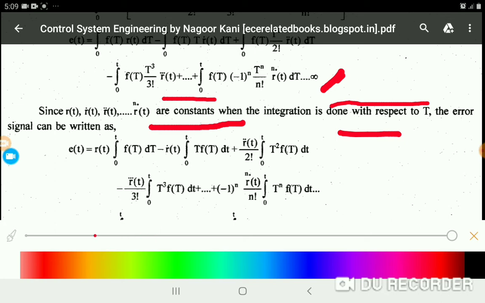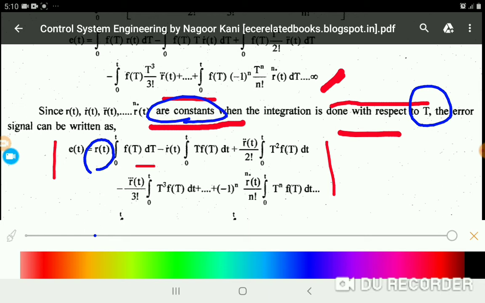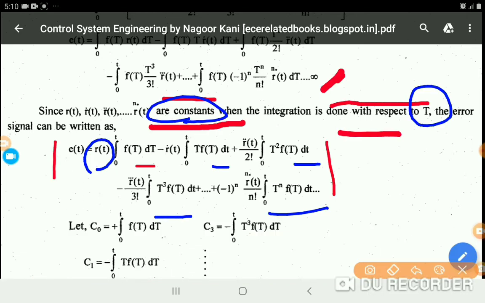So the error signal can be rewritten as, listen here, e of t equals r of t times the integral 0 to t f of T dT with respect to capital T, the dummy variable. That's why all the small t terms of r of t, which are considered constants, are taken out of the integral portion and the expression is rewritten.